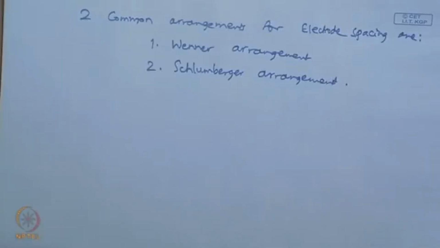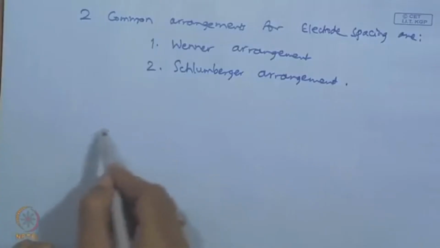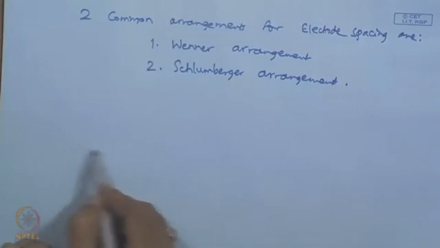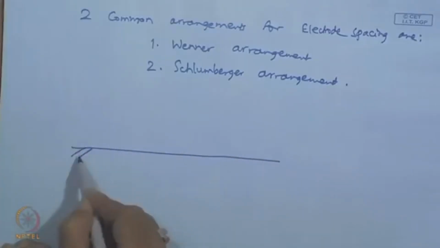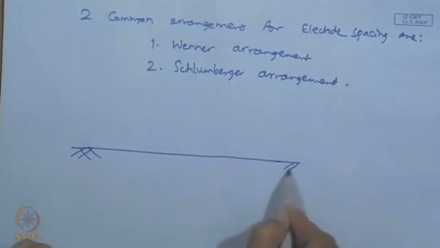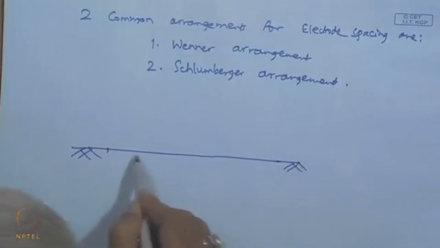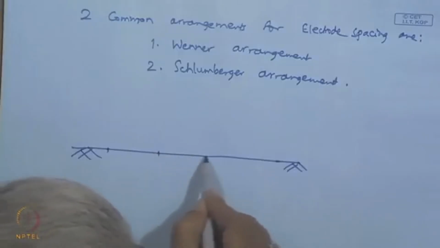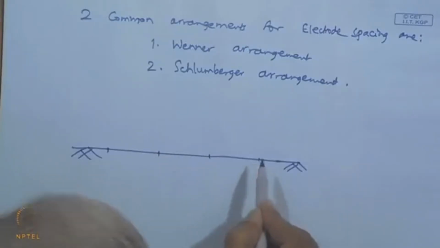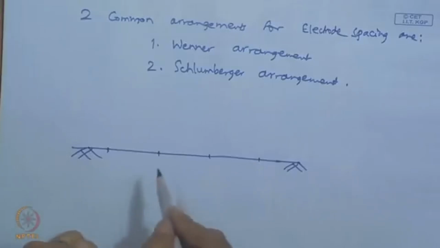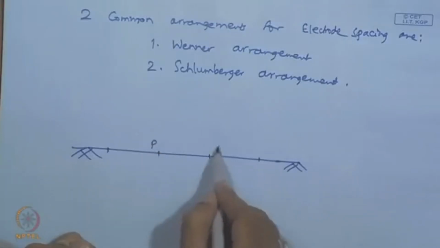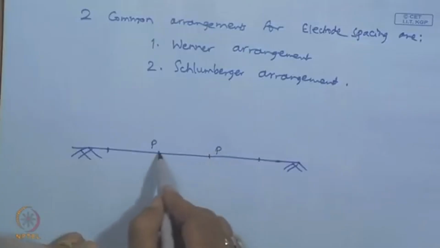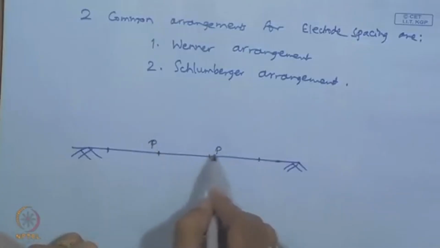Let us discuss this Wenner arrangement, in which the distance between the potential electrodes is 1/3 the distance between the current electrodes.